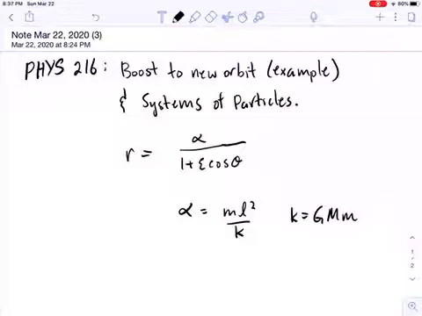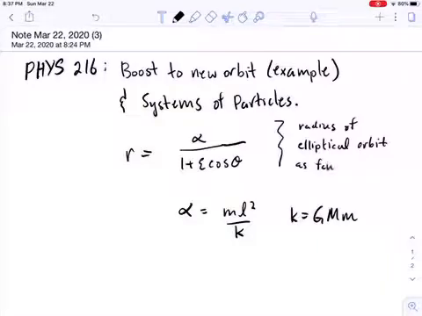What we'll have to do is remind ourselves of some of the things that we have been developing. So this is the radius of an elliptical orbit as a function of angle theta.